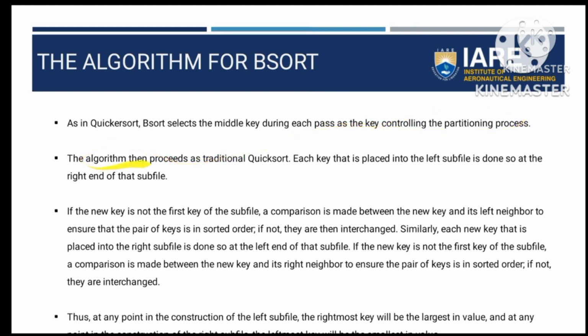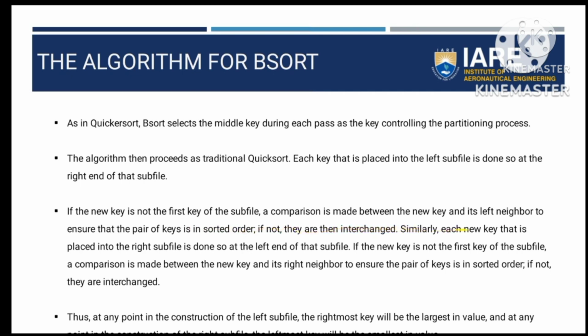The algorithm then proceeds as in traditional quick sort. Each key that is placed into the left subfile is done at the right end of the subfile. If the new key is not the first key of the subfile, a comparison is made between the new key and its left neighbor to ensure the pair of keys is in sorted order. If not, they are interchanged.